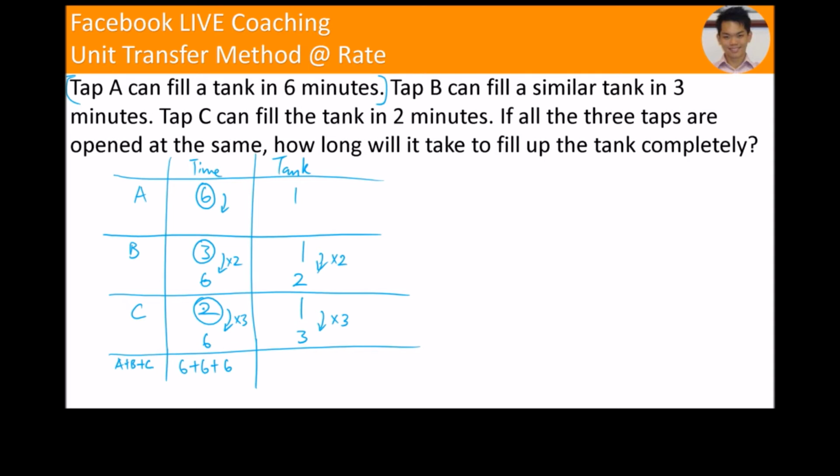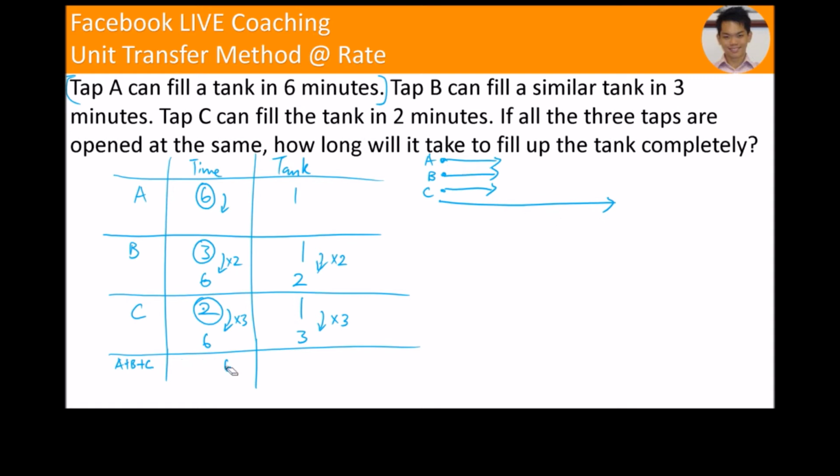Okay, this is totally wrong because in the same time, all 3 of them are working together. This is what they call working in parallel. Probably it's not really described in primary syllabus, but that's what we call it. So this is one confusion alert you must take note of.